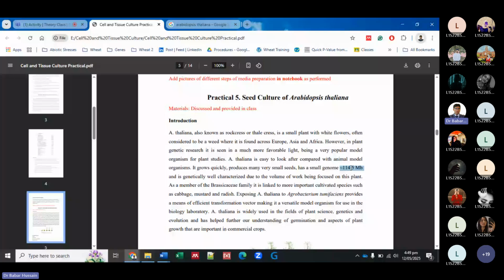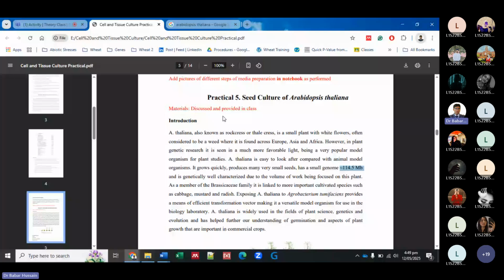So number 3, why Arabidopsis thaliana is a model plant? Its genome size is very small, 114.5 million bases, megabases, million similar, 10 raised to 6.